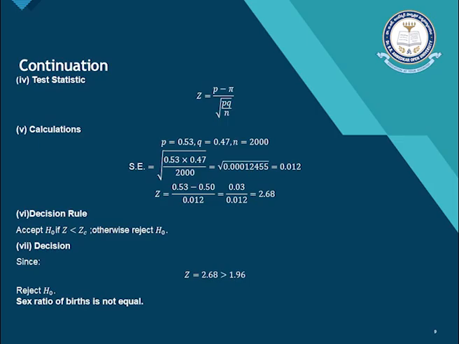Now, since the calculated Z value is 2.68, which is more than the table value 1.96, we reject the null hypothesis and accept the alternative hypothesis. Therefore, the conclusion is that the sex ratio is not equal in this case.